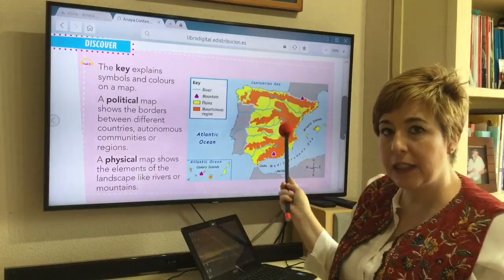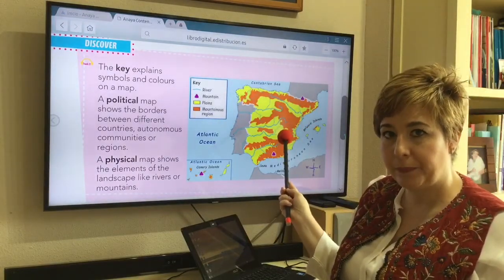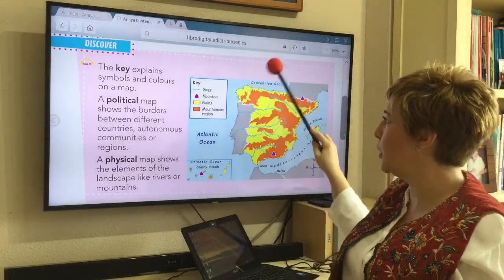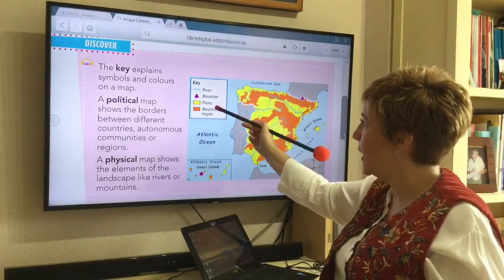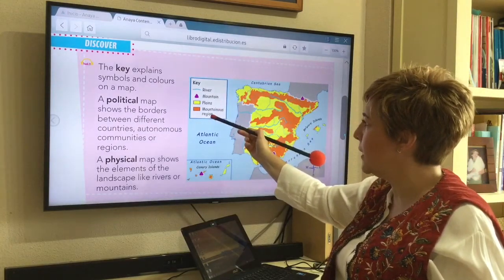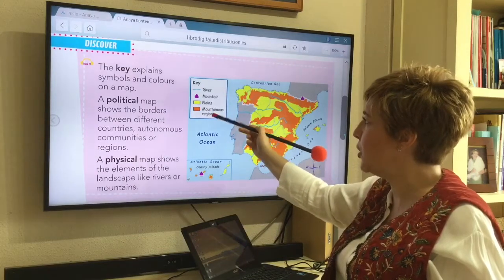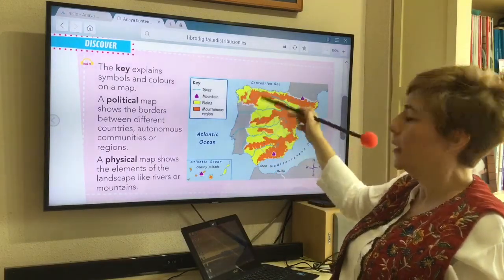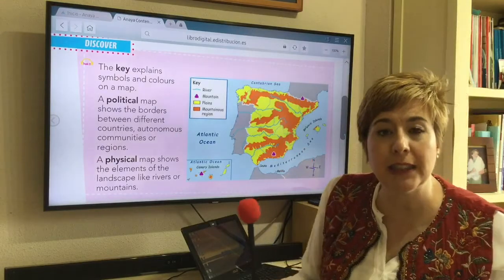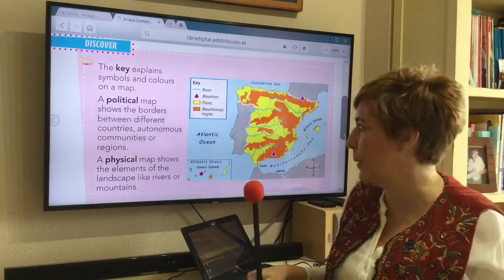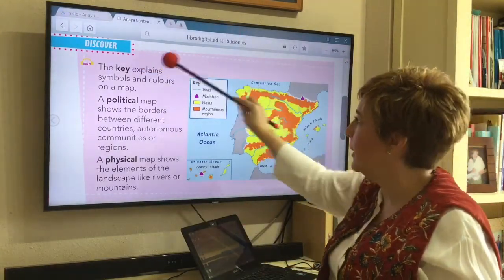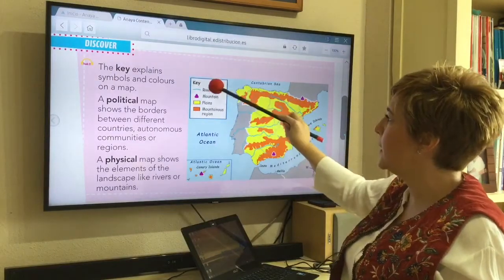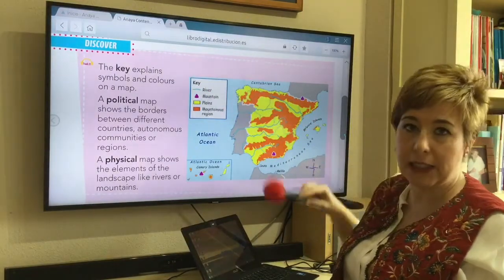Is this a physical or a political map? A physical map, because it has mountains, plains, mountainous regions, and rivers. And those are physical characteristics of a map. A key explains symbols and colors in a map.